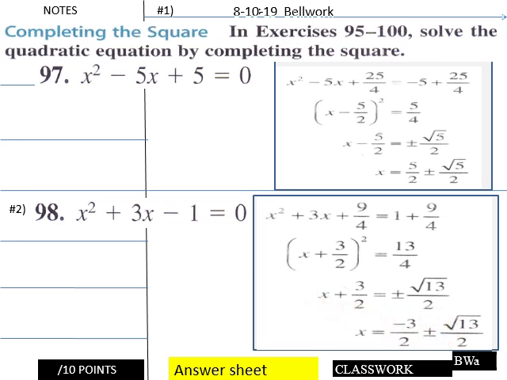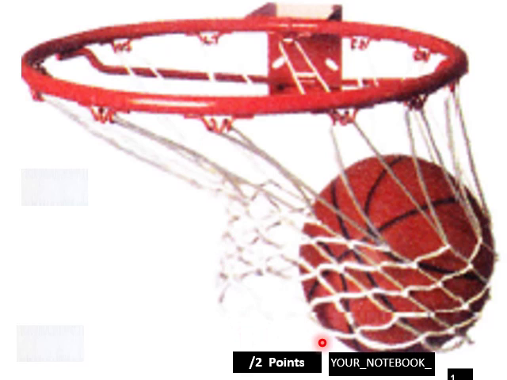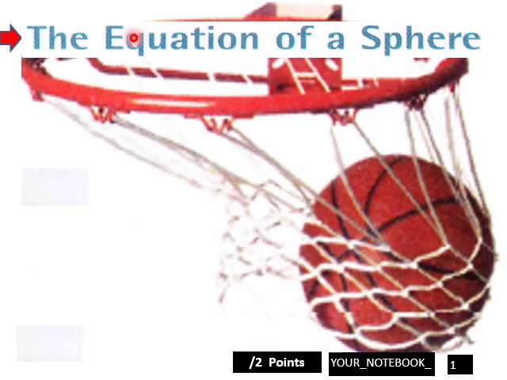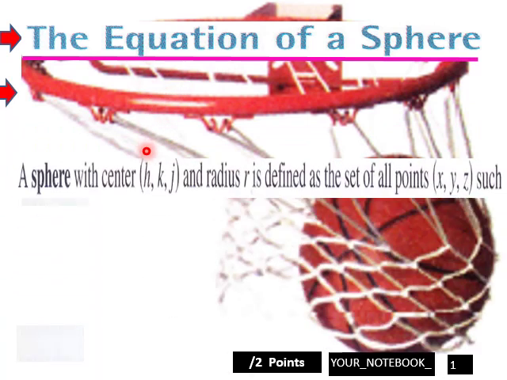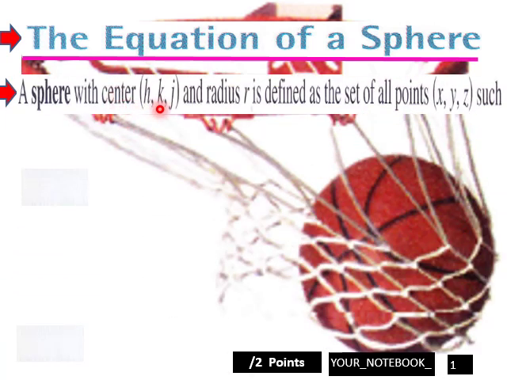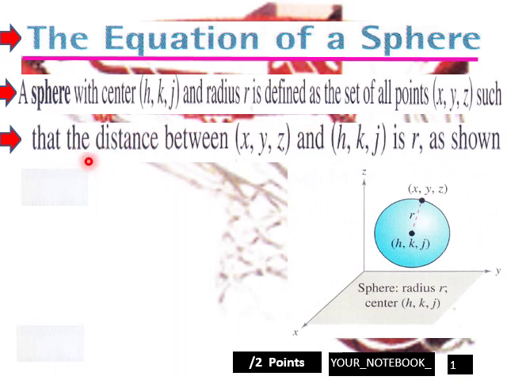Okay, so moving on to our part 2 here, the equation of a sphere. A sphere with center h, k, and j and radius r is defined as the set of all points x, y, and z such that the distance between x, y, z and h, k, j is r. So here's r.